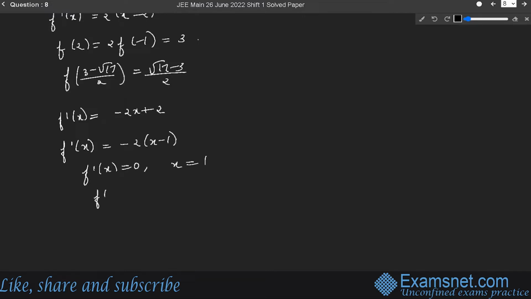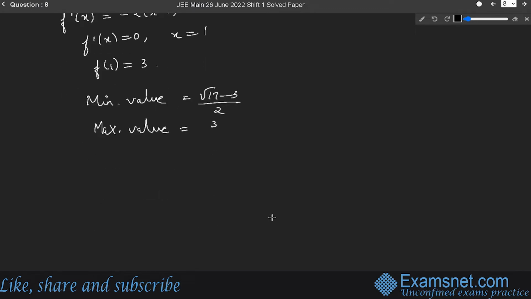Therefore, f of 1 will be equal to 3. Now the absolute minimum value is root 17 minus 3 upon 2, and the absolute maximum value is 3. We have to find the sum of both these values.